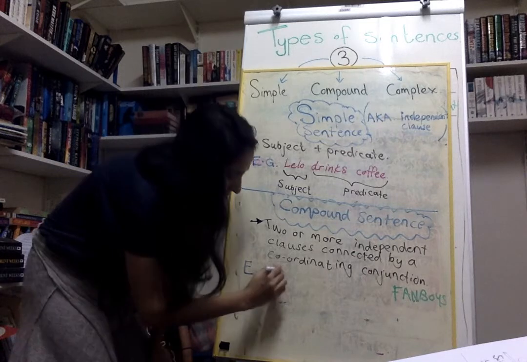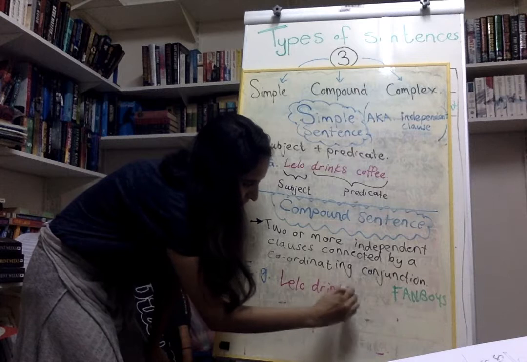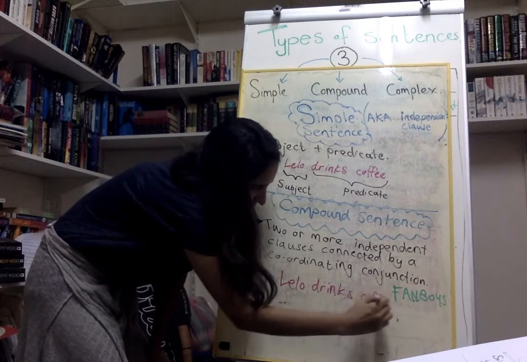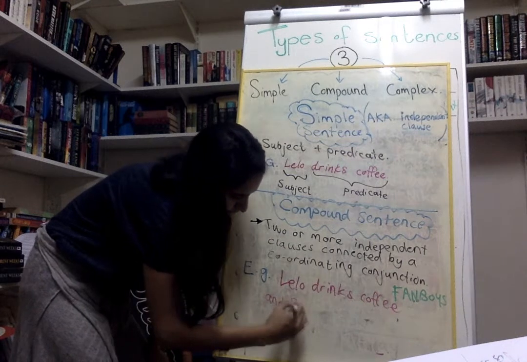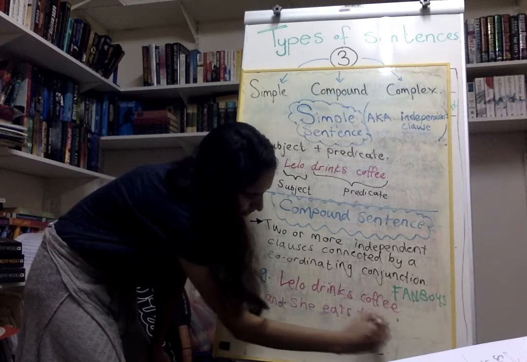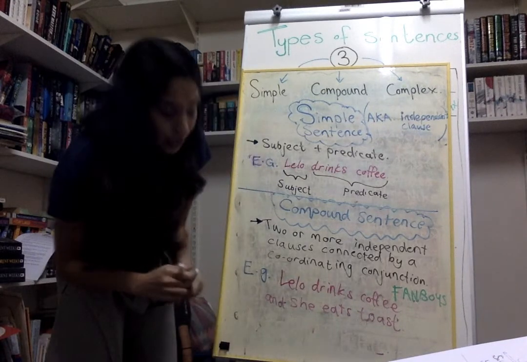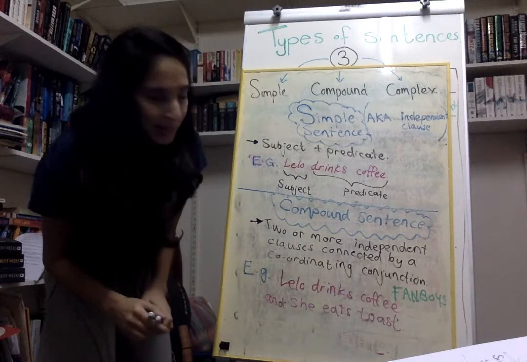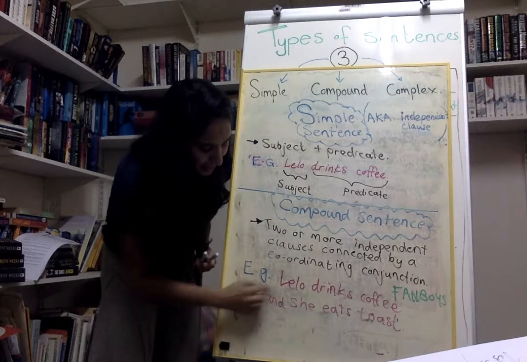Lelo drinks coffee and she eats toast. Here are our two simple sentences or independent clauses attached by the coordinating conjunction.